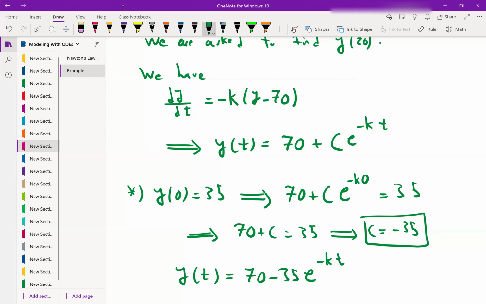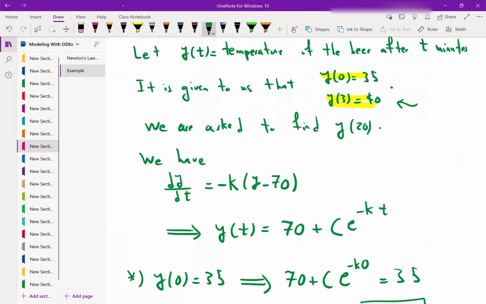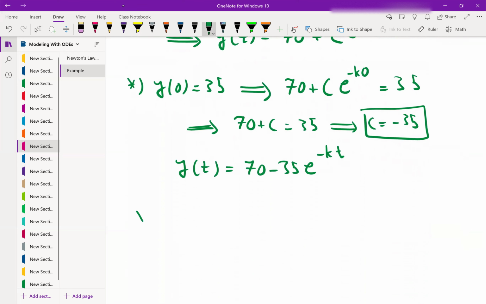In order to find k, I'm going to use the second piece of information that was given to me, the fact that y at 3 is equal to 40. So y at 3, after 3 minutes, is 40. That means that 70 minus 35 e to the power of negative 3k, when t is 3, we get e to the negative 3k.